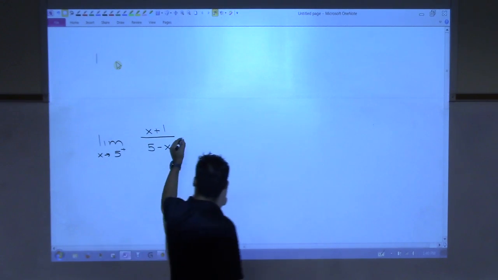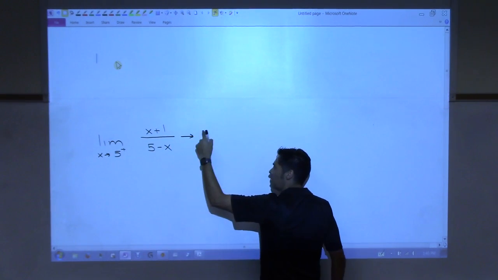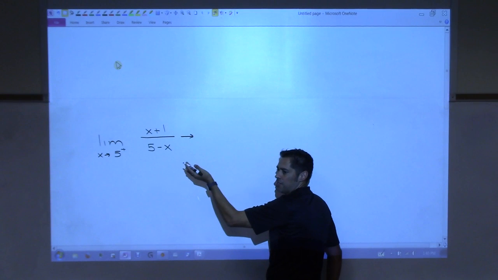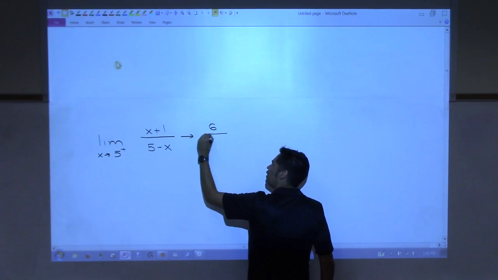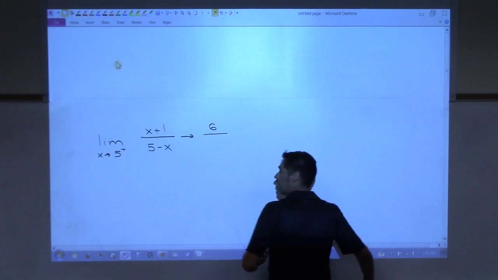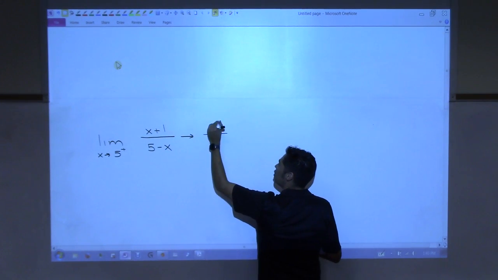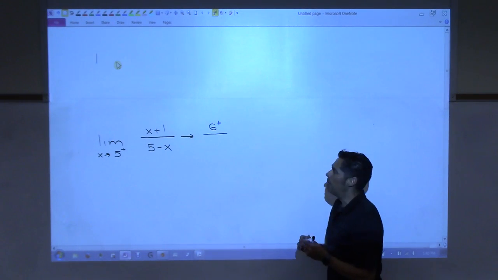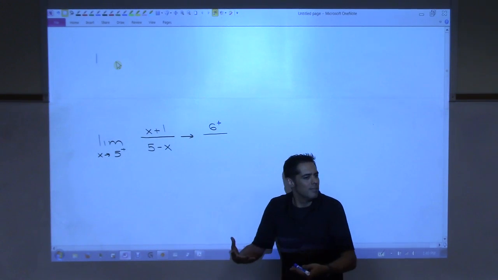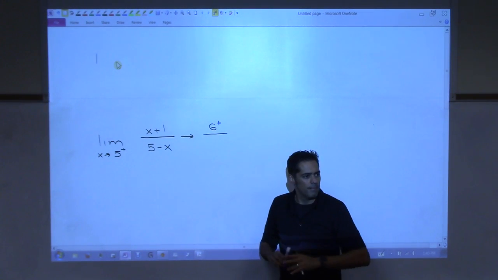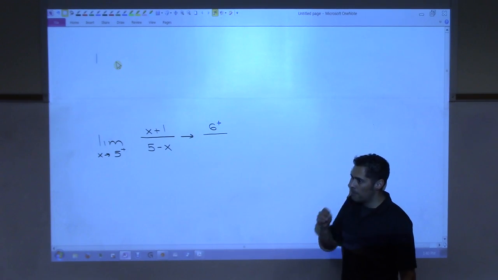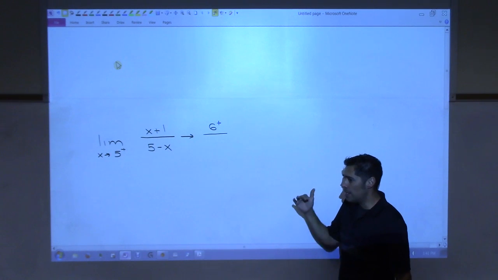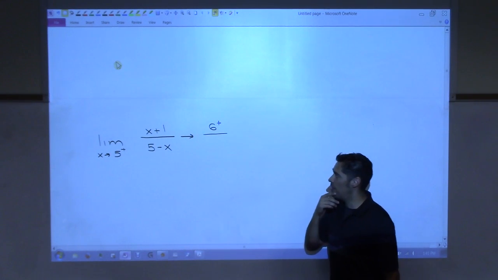Where's the numerator headed? 5 plus 1, it's headed to something really close to 6, right? And that is definitely, without any hesitation, a positive number. I'm putting a plus there to mean that it's a positive number for us. It's really important to make sure that we put this, because that'll help us with our answer at the end, because we do have to take into account that it's positive.